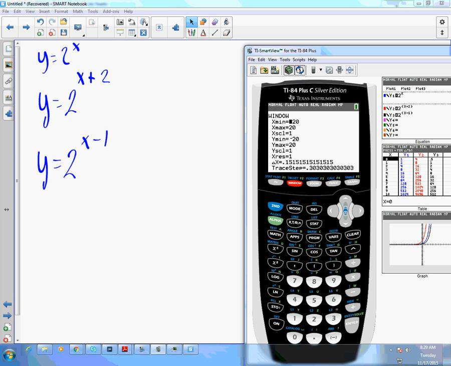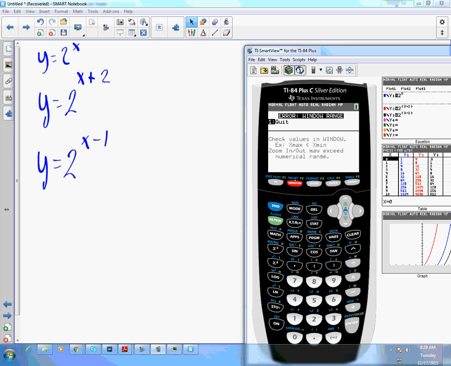Oh, that's a negative 20. No wonder it's so small. What's this negative? I did this negative, that's why.